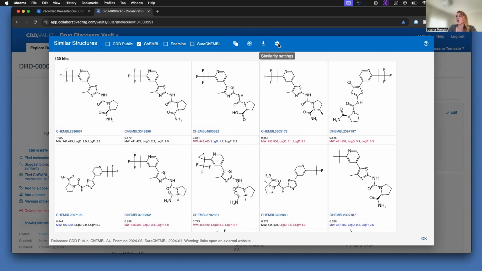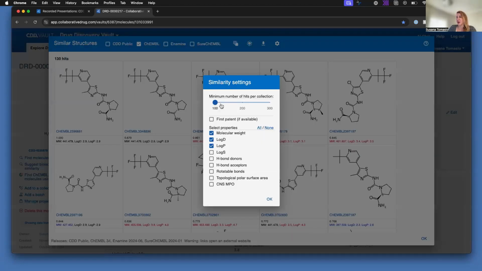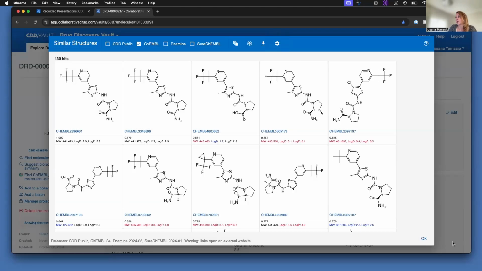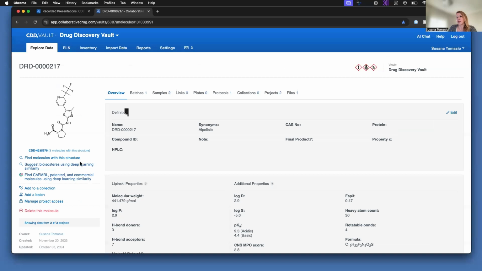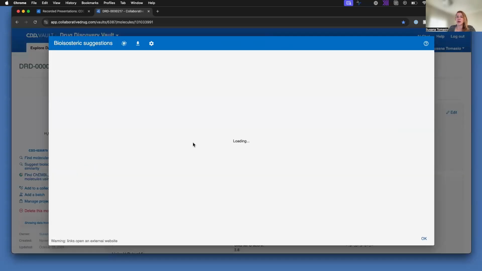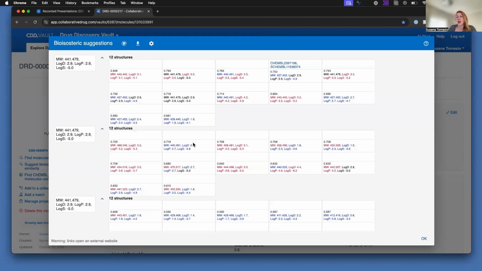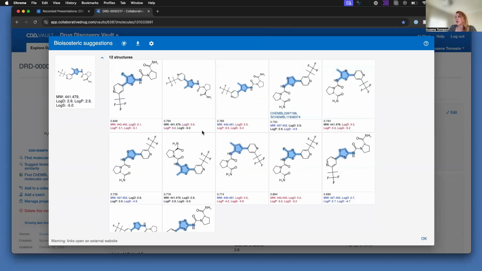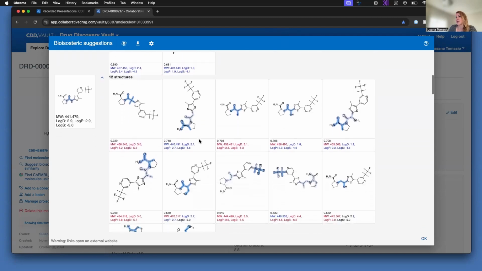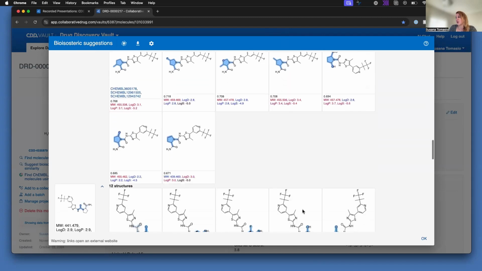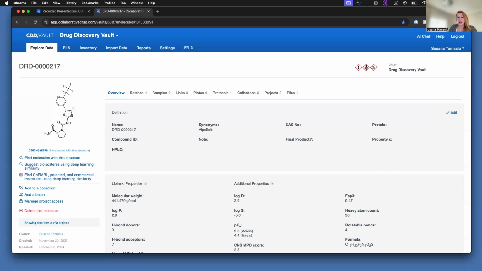You can also, in the similarity settings tab, choose how many hits you want to get per collection and which properties you want to see in the table. Similarly, for the bioisosterics, you can click the button to suggest bioisosterics, and as you can see, this is very fast and it provides different suggestions for the different groups. And that's it for the AI module.